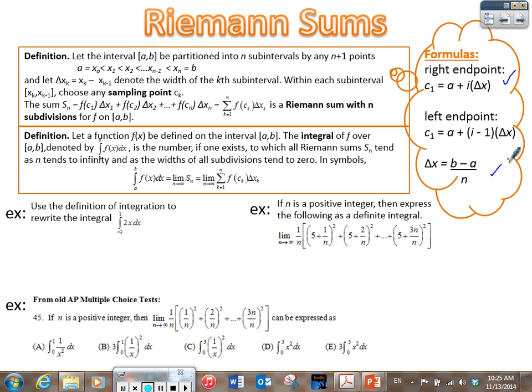The left endpoint is important too, but I've never seen them use a left endpoint on the test, and I'm not going to use a left endpoint, though it is different. This is Riemann sums. We are relating Riemann sums to integrals. It's like the definition of an integral is a Riemann sum, and that's what we're working with. So out of all the text at the top, the most important things to remember are these two formulas and this format.